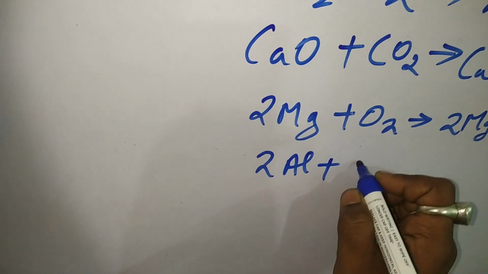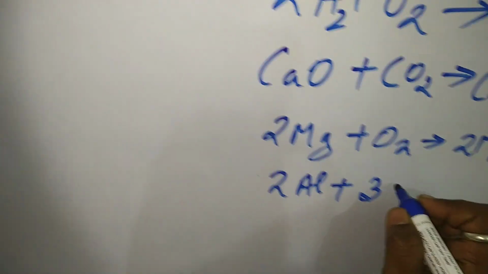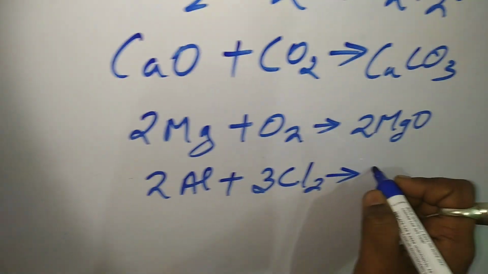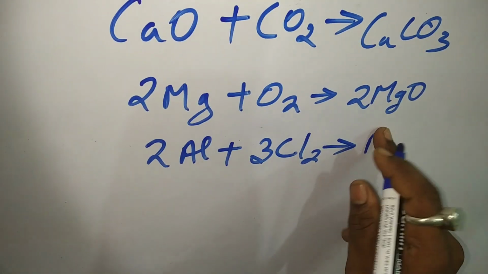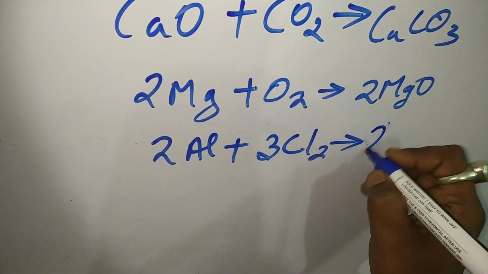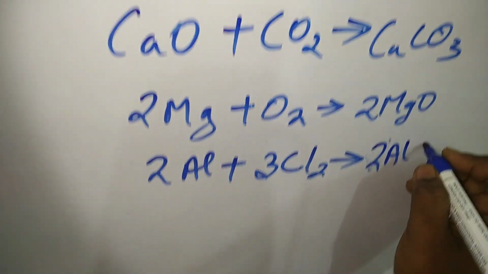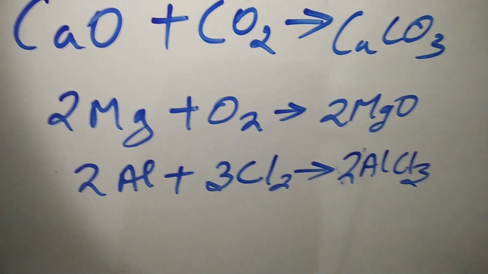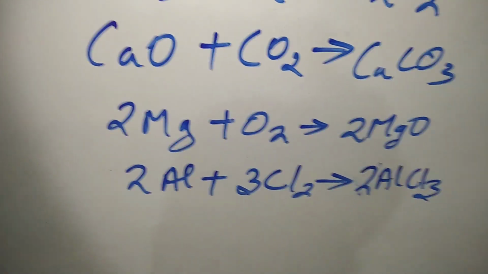Two moles of aluminium when reacting with 3 moles of chlorine forms 2 moles of aluminium chloride. Yes, understand?